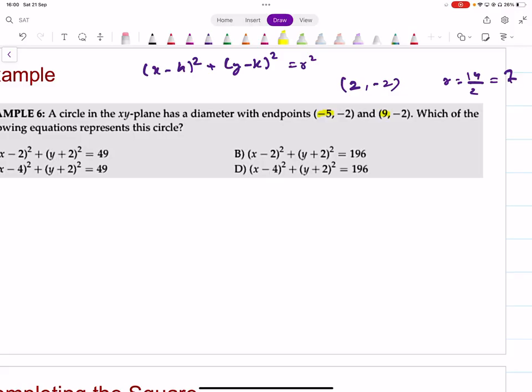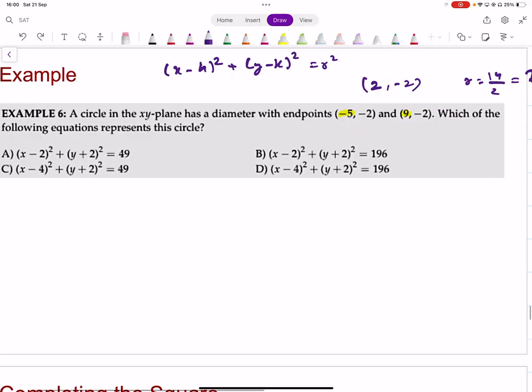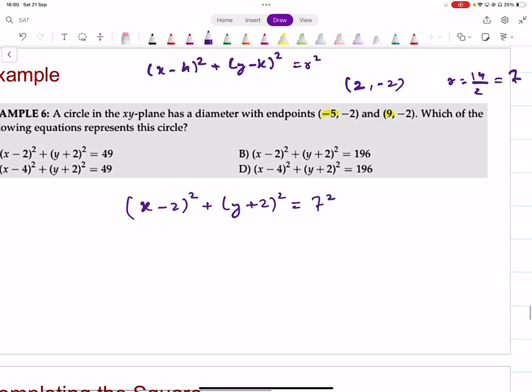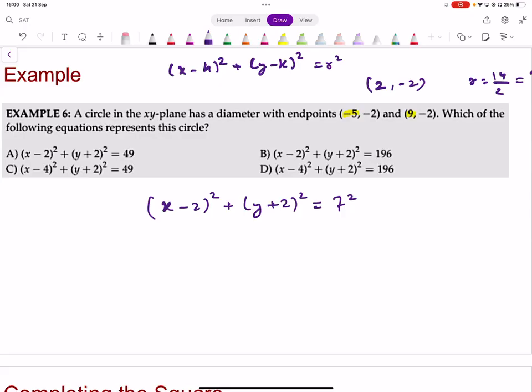So the equation is going to be (x minus 2) whole squared plus (y minus minus 2), which is y plus 2 whole squared equals r squared, that's 7 squared. Which one is that? A.